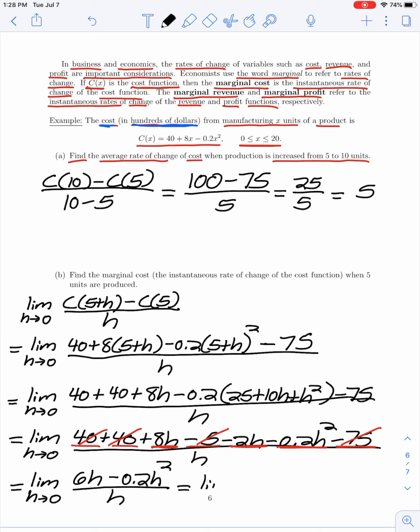So, dividing through by h, we have 6 minus 0.2h, and taking the limit as h approaches 0, we are left with a value of 6. So our cost is increasing by $600 when we're producing 5 units.